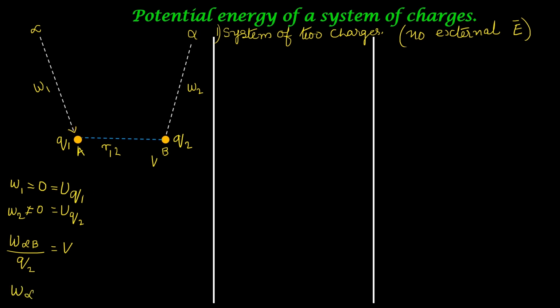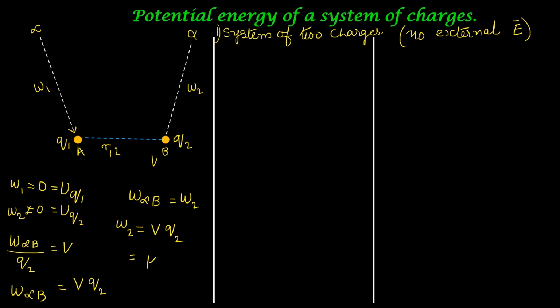So the work done for Q2 will be equal to V into Q2. That is potential at location B multiplied by the magnitude of the charge Q2. Work done from infinity to B is taken as W2. So W2 is equal to VQ2.